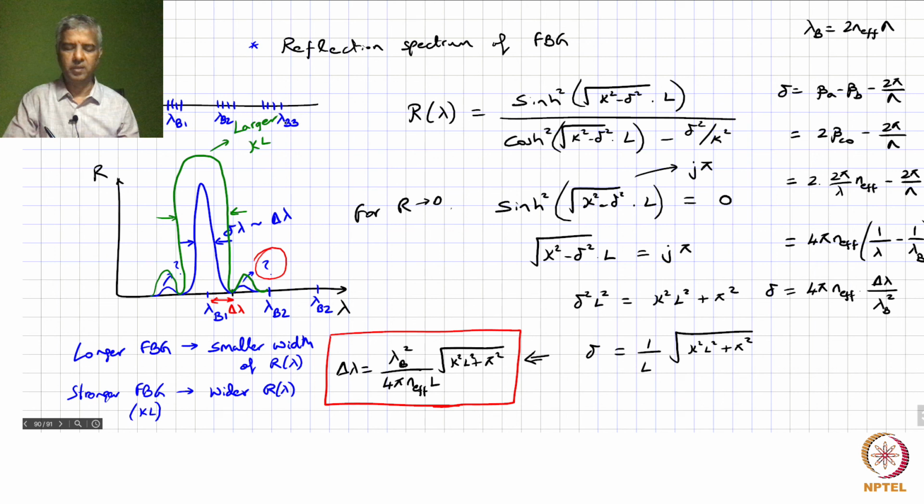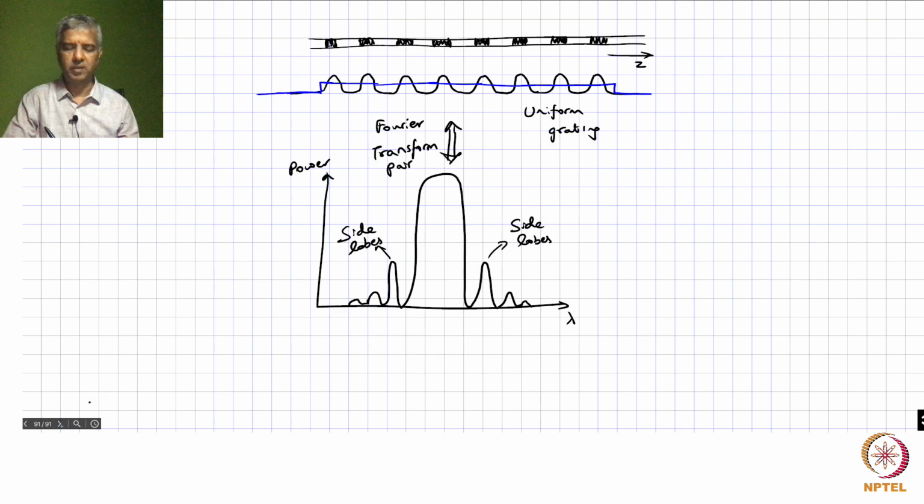You can look at perturbation in multiple locations, but that ability is going to be constrained by all these side lobes. So, the question is, how can you reduce, or if possible eliminate, the side lobes? That is not at all desirable for a sensing application.